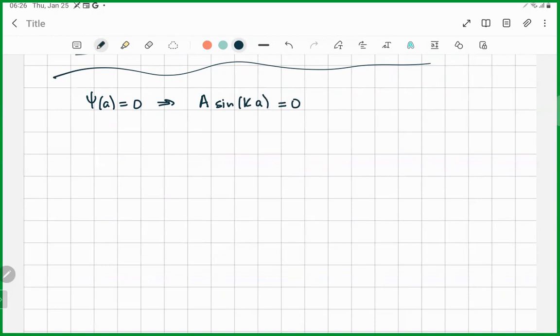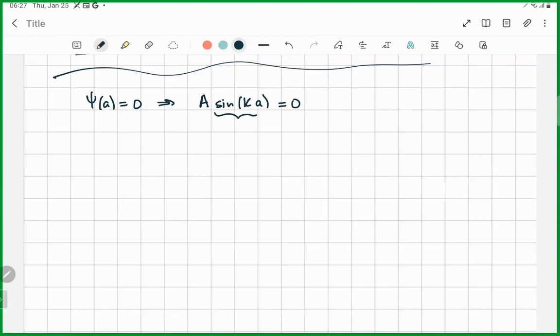Okay, so what does it tell us? What are the possibilities? How can we guarantee that we will have this 0? You could say, well, I'm going to make this big A 0. That would be a bad choice because then you kill the whole solution. You killed your function. So not this one. We could say, okay, so then let me work with this sine.